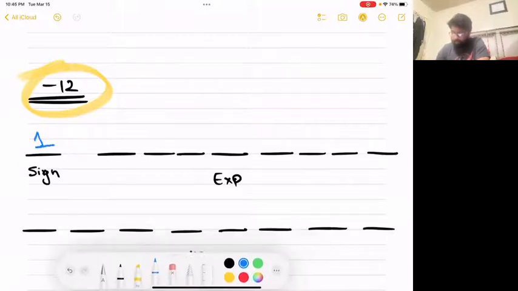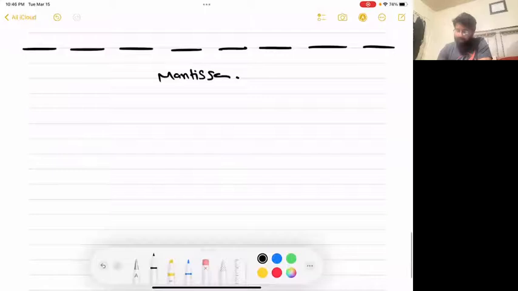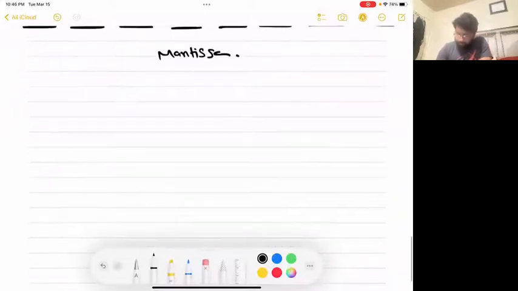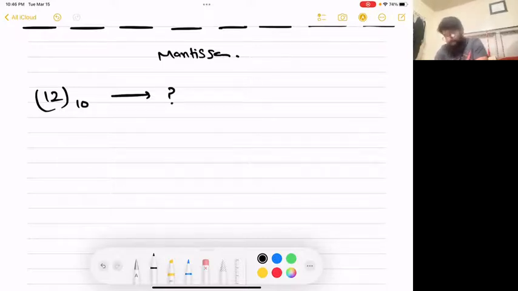Awesome. Now, to find the exponent and mantissa, we have to convert 12, just the magnitude of the number, from decimal into its binary form. I'm not gonna bore you guys with the calculation, so I'll just tell you that 12 in decimal is 1100 in binary.